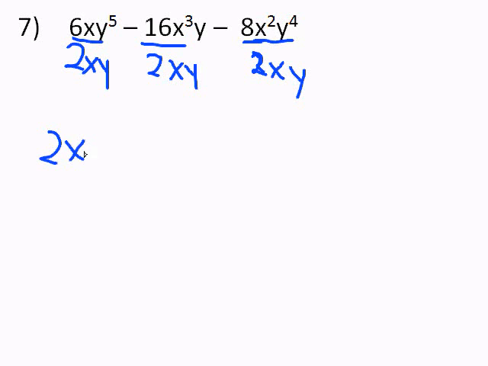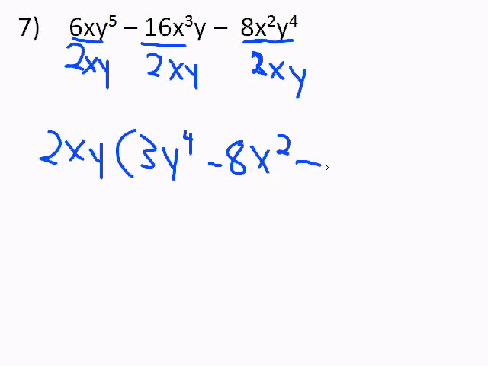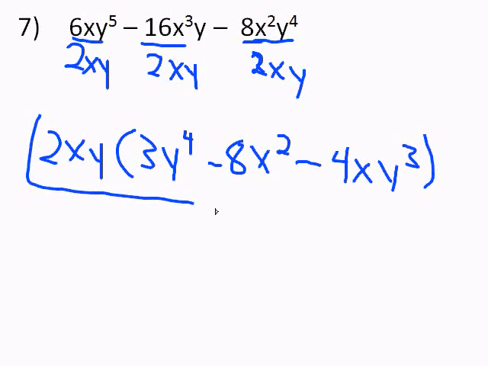So we get 2xy, and beside the parentheses, 6 over 2 is 3, x over x cancels, we get y to the fourth left over, minus 16 over 2 is 8, x to the third over x gives me x squared, y over y cancels out, minus 8 over 2 is 4, x squared over x gives me x, y to the fourth over y gives me y to the third. So this should be our final answer.